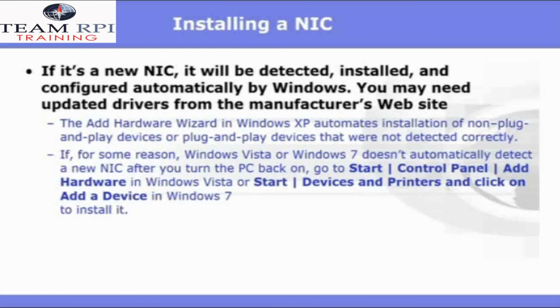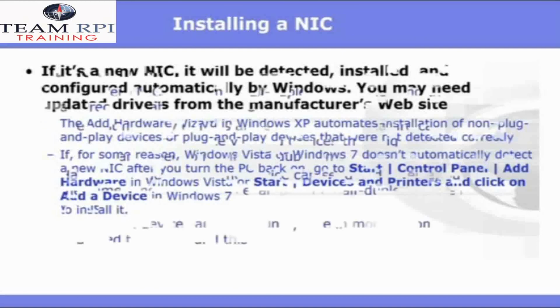However, if it isn't automatically detected, in Windows XP, you'll need to go to the Add Hardware wizard and initiate the non-plug-and-play devices or plug-and-play devices that were not detected. In Windows 7 and Windows Vista, you'll go to Start, Control Panel, and Add Hardware for Vista, and Start, Devices and Printers, and click on Add a Device in Windows 7.